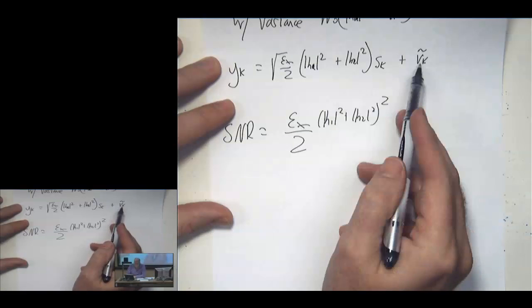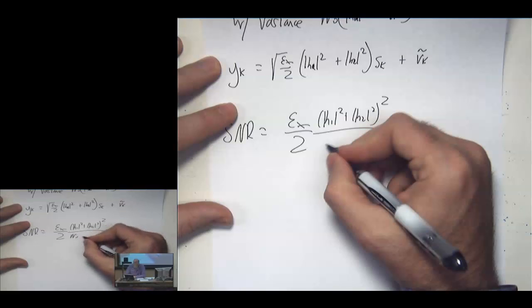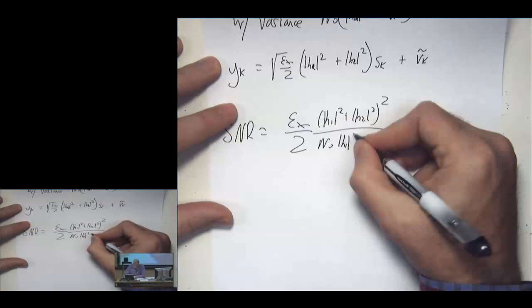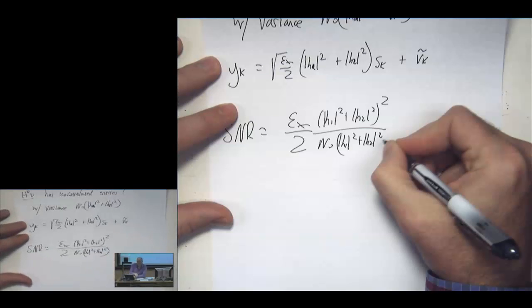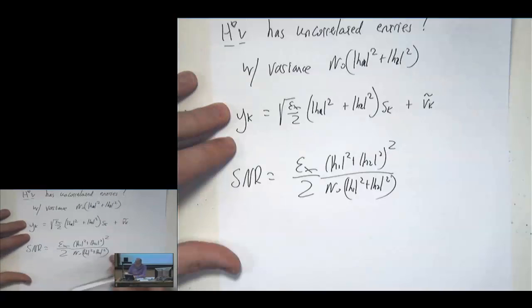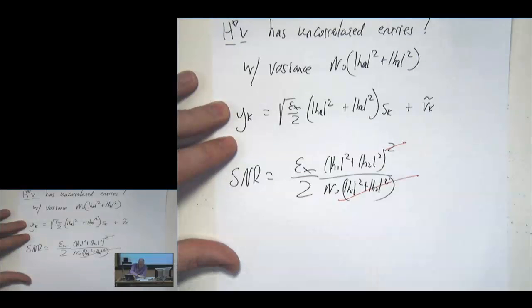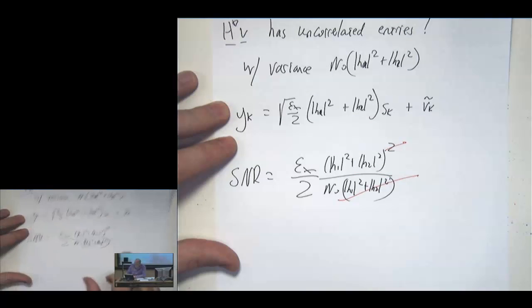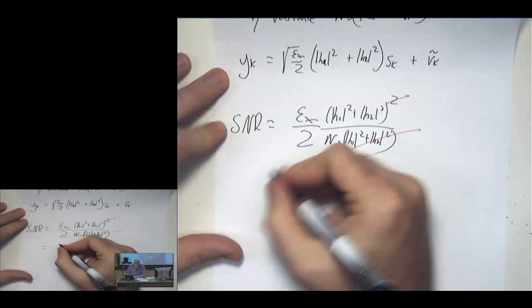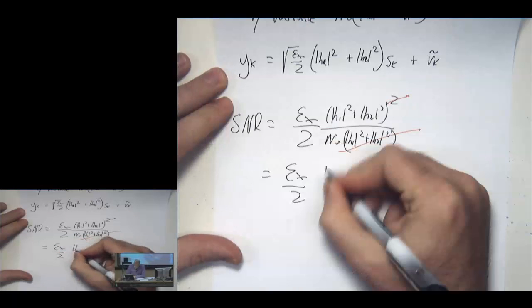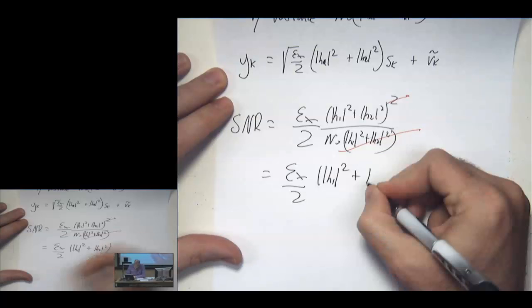And then we have the variance of this v_k tilde here, which we derived as N naught times h1 magnitude squared plus h2 magnitude squared. So then we go through here, cancel this, and we get that this SNR is equal to Ex over 2, h1 magnitude squared plus h2 magnitude squared.